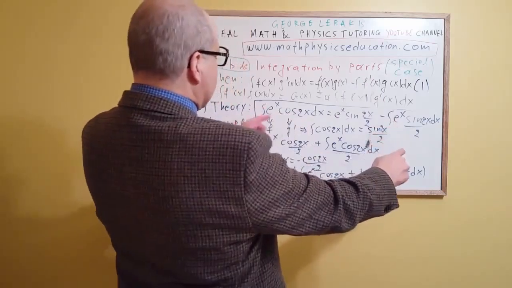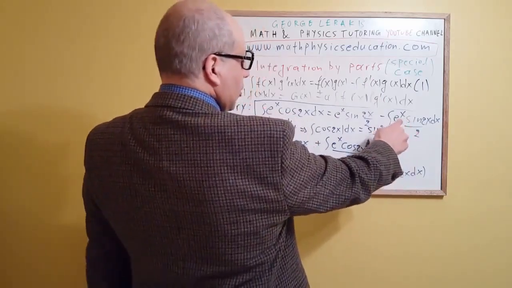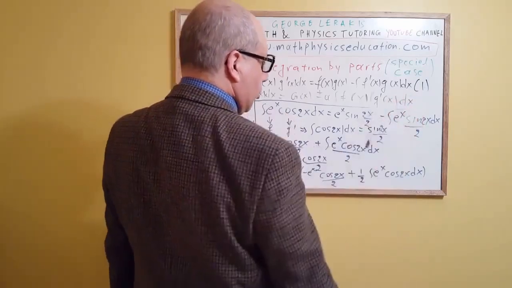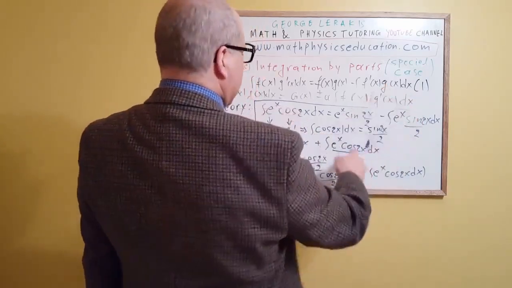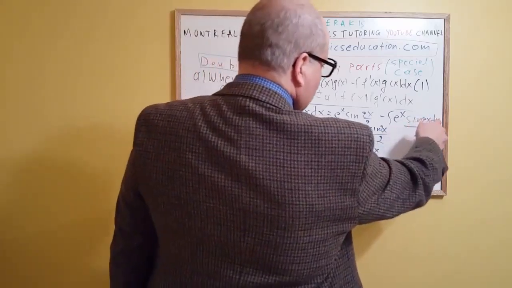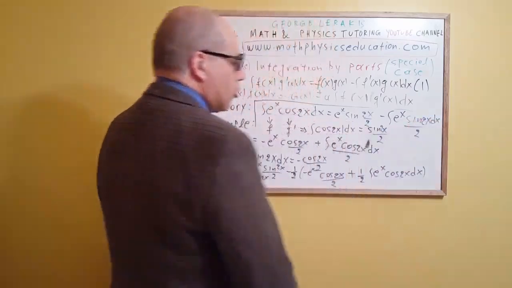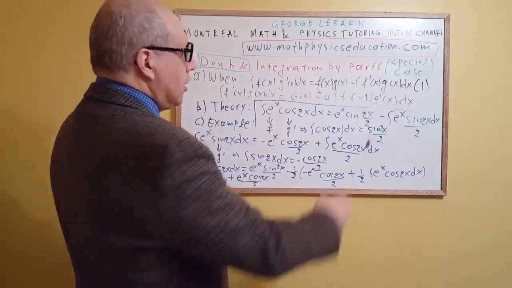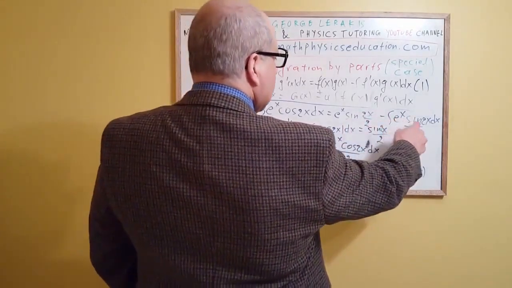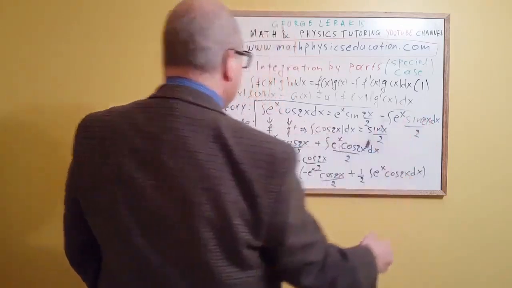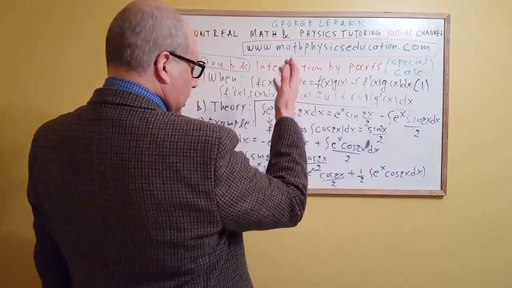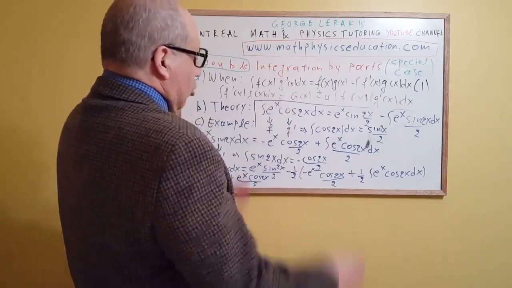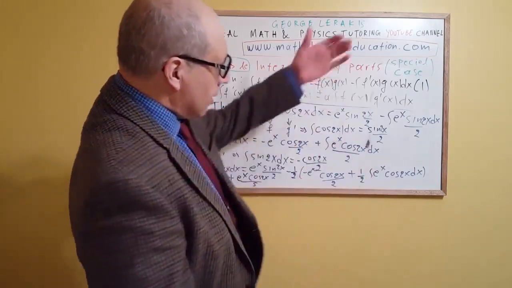We said f of x is e to the x, so the derivative of e to the x is e to the x, times g of x, which we said already is sine 2x over 2, dx. So now you see that this integral here is exactly the same level of difficulty as this integral here. So that's what we mean by special case.